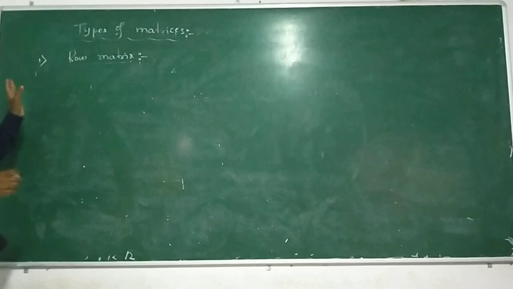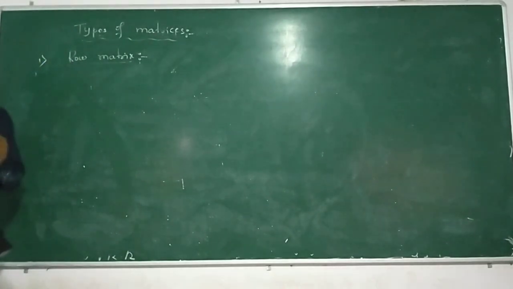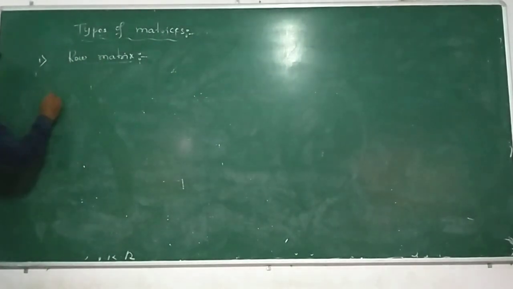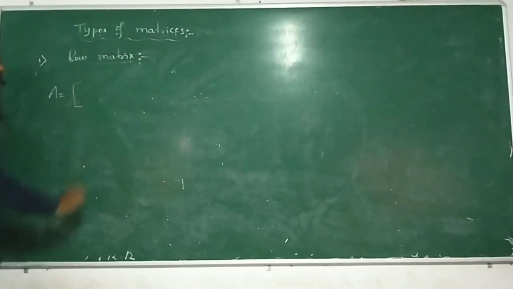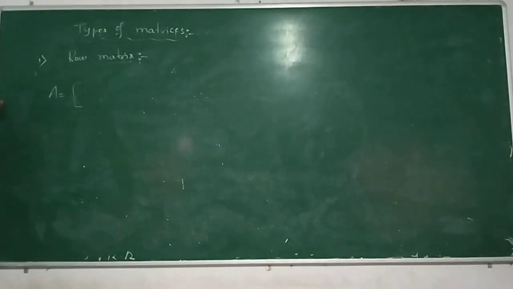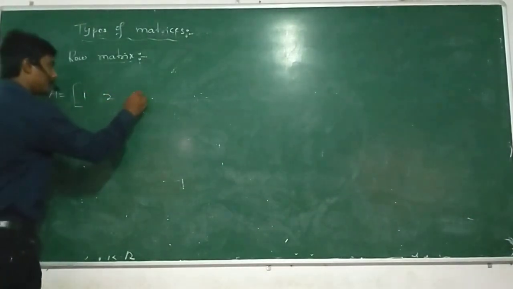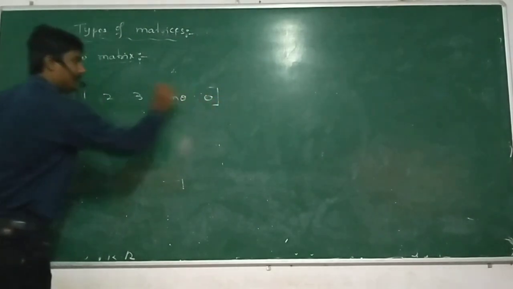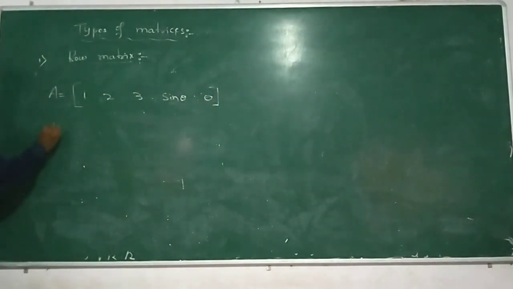I will write down some examples. Using the analogy of the examples, you can easily trace out the definition of a row matrix. I will write down two matrices here. You must identify the similarity in these two matrices, which will lead you to the definition of a row matrix.